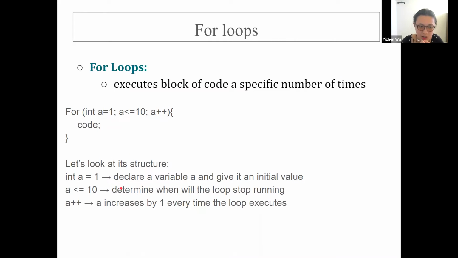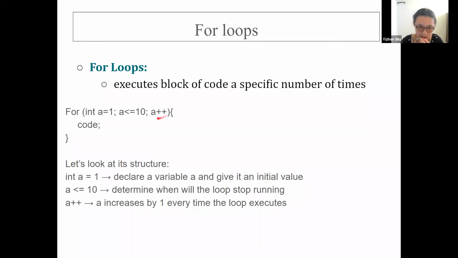The second part, a smaller than or equal to 10, tests if the condition is still true. If it's true, the loop is going to run again. If it's not true, the loop is going to stop. So it determines when the loop stops running. For example, if you want to stop at 10, you would put this value to be a 10.